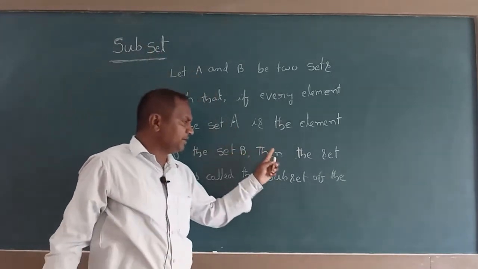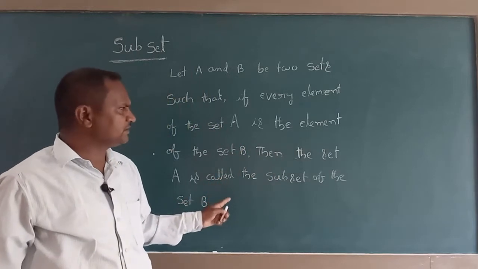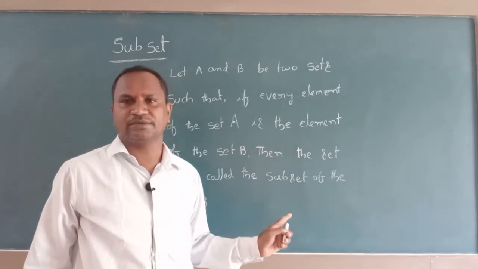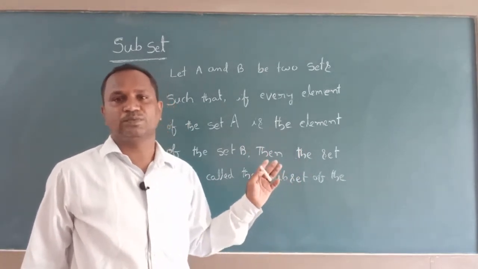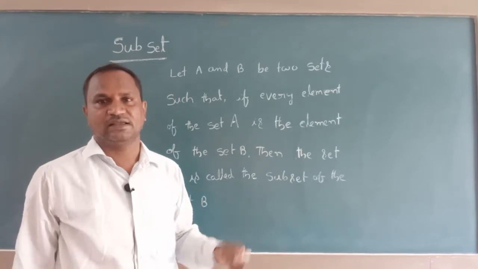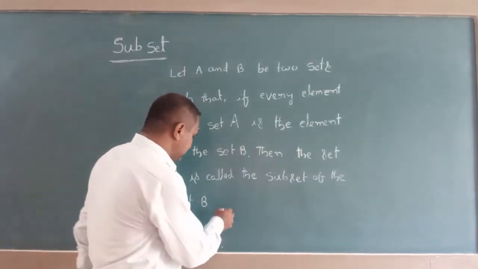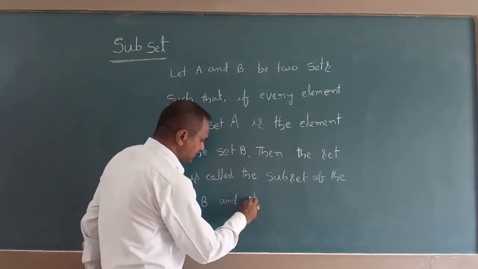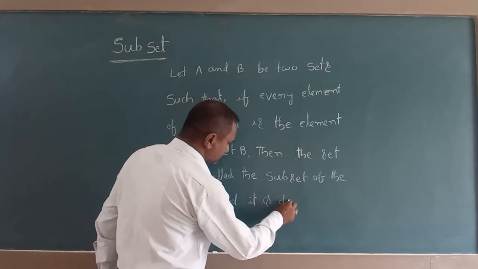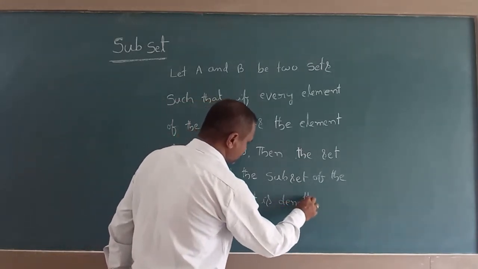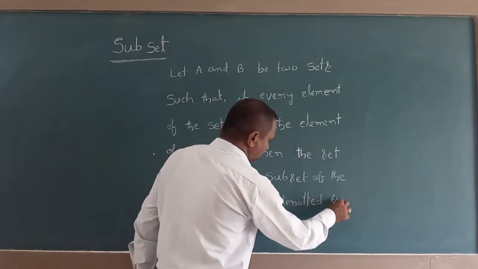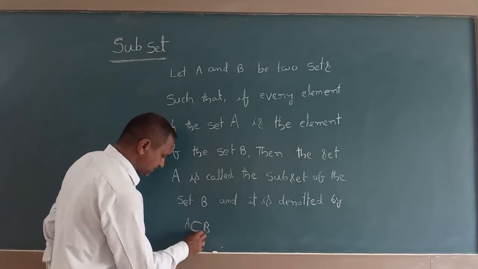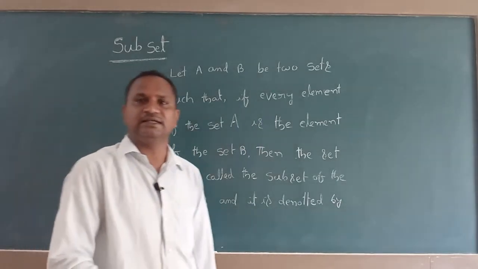Here every element of set A is an element of set B, then we are calling capital A the subset of the set capital B, but B is called a superset of the set A here, and it is denoted by A ⊆ B. A is a subset of B means A is contained in B.